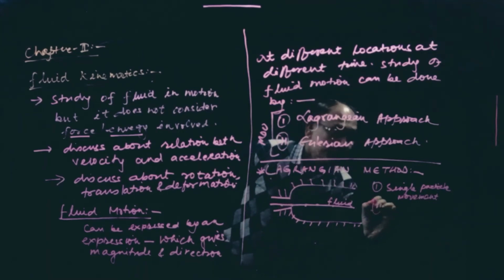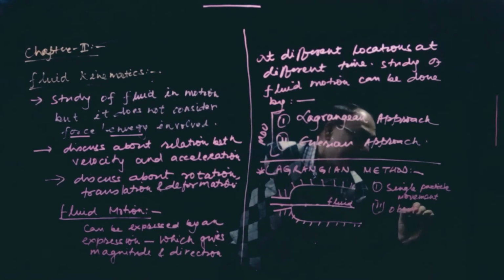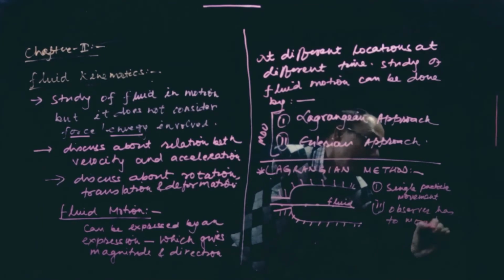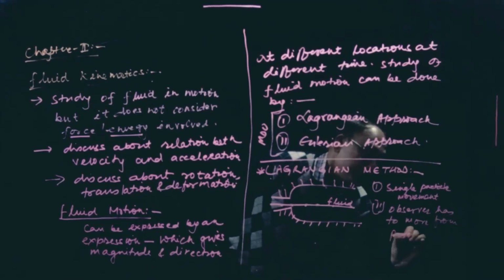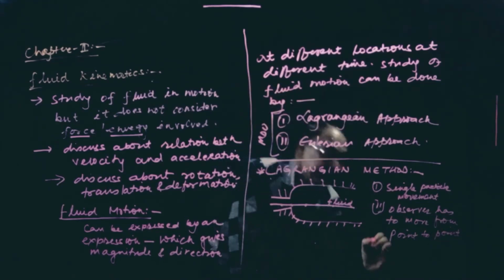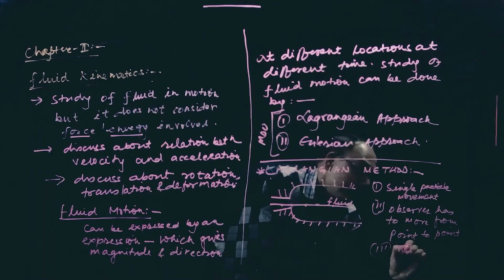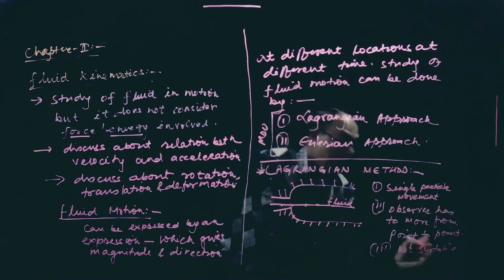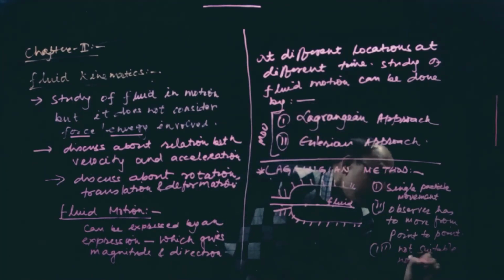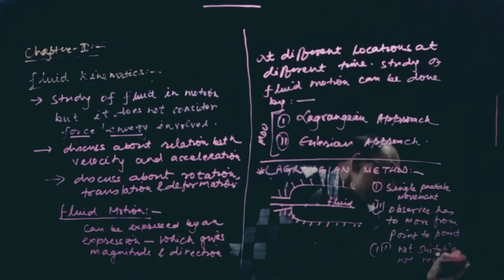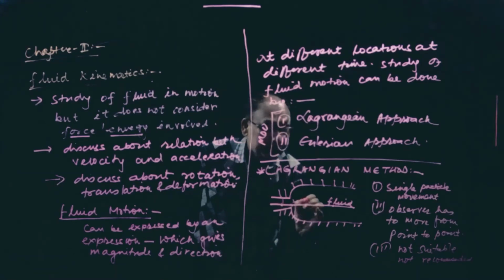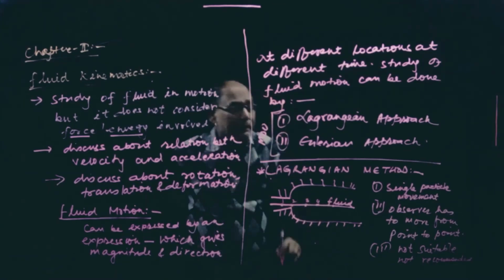Another observer has to move from point to point. So this method is not suitable and not recommended for study, because here the observer has to move from point, suppose 1, 2, 3, 4. So the system is very complicated.